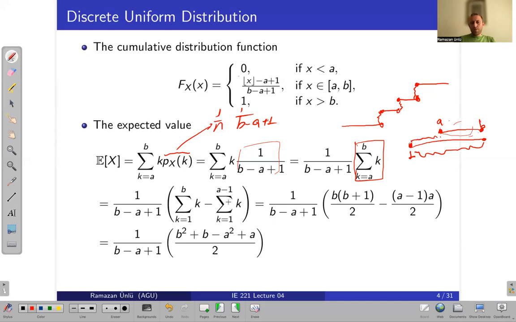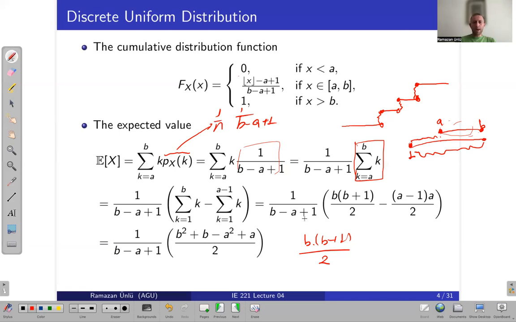So if I do some math operation here, for example, the sum of the discrete values from 1 to B is simply B times B plus 1 divided by 2. That is from the calculus class. Same thing for this one, which is A minus 1 times A minus 1 plus 1 divided by 2. It will be A minus 1 times A divided by 2.